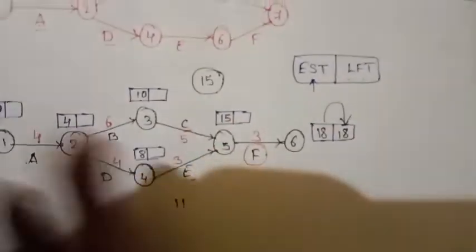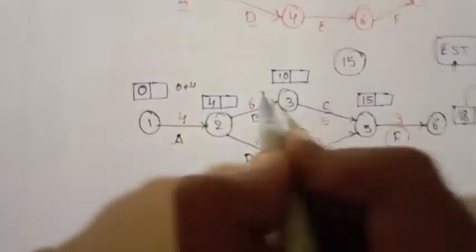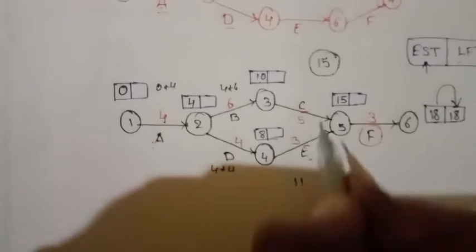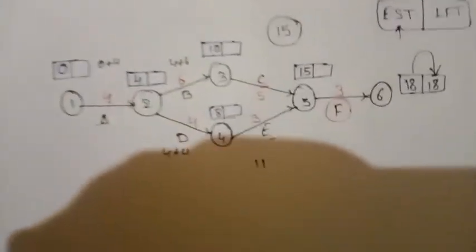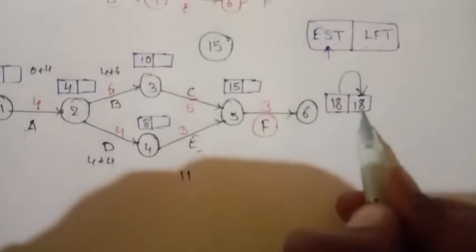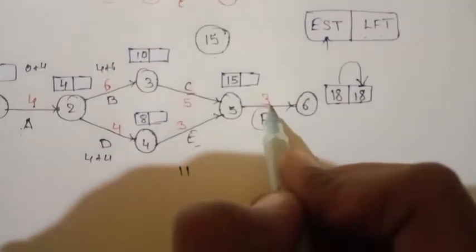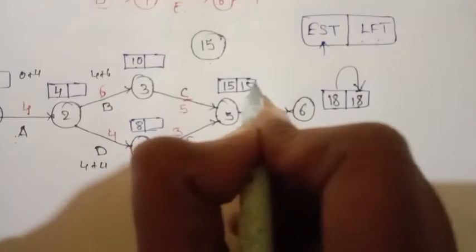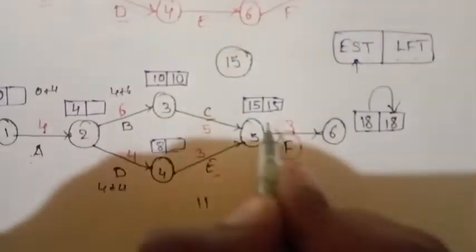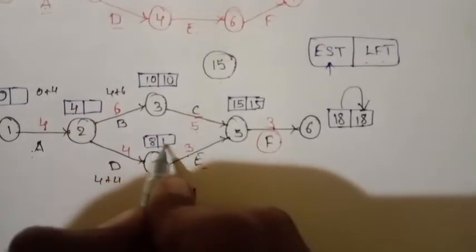Here you have added up like this: 0 plus 4, 4 plus 6, 4 plus 4, and 10 plus 5. Now from right side to left side you are going to reduce it. 18 minus 3 is 15. Then 15 minus 5 is 10, and 15 minus 3 is 12.